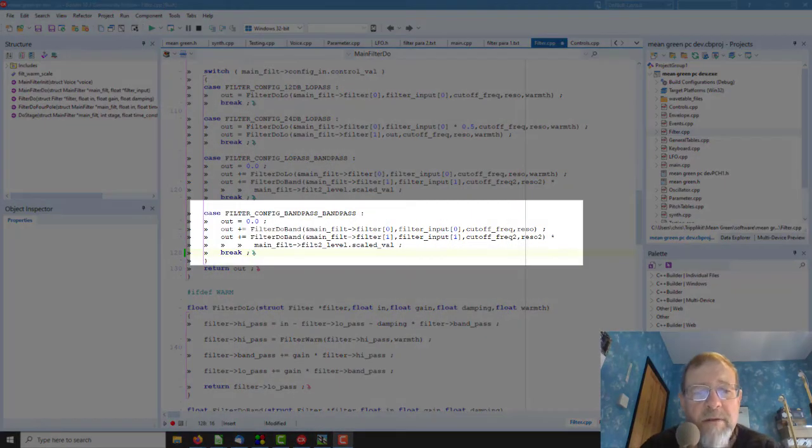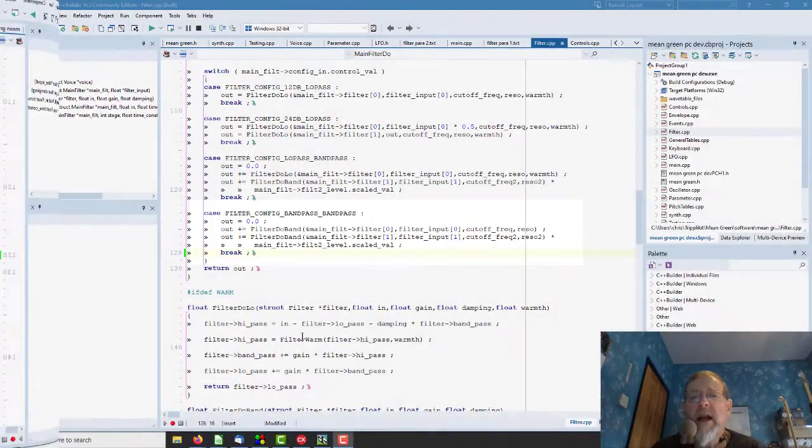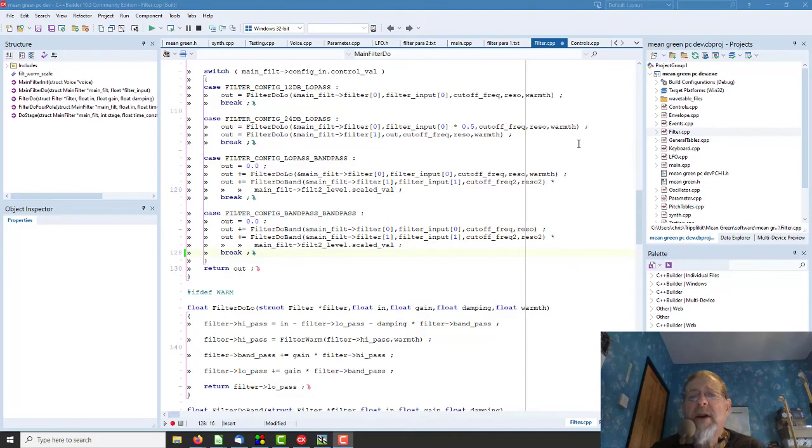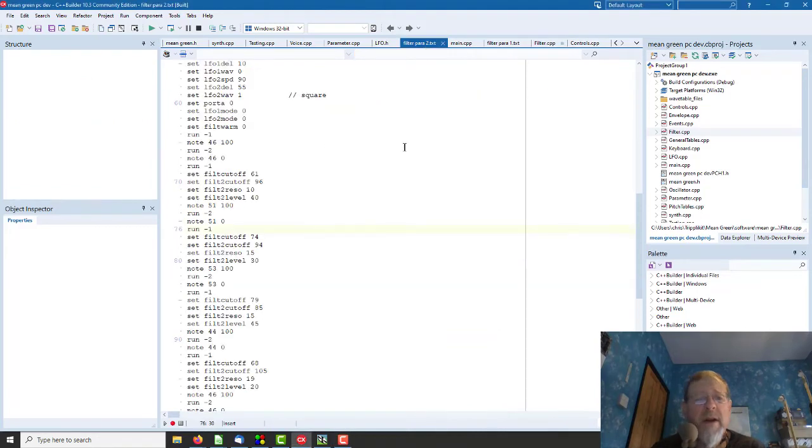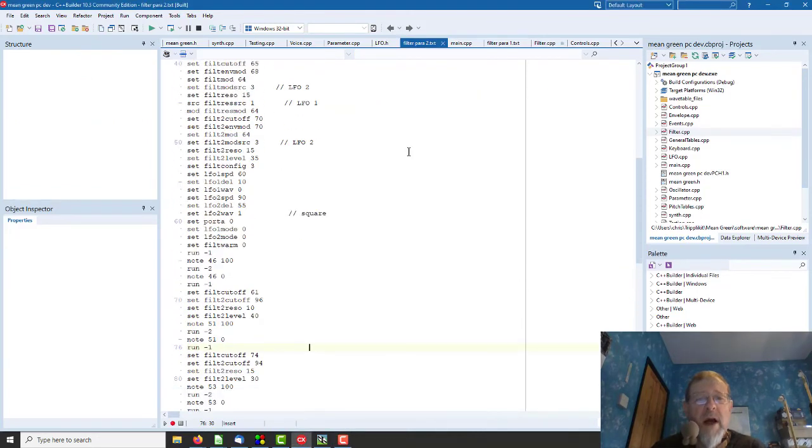Okay, so here we have our filter configured as two parallel bandpasses, and it does precisely that. It calls two bandpass filters. And here is what I've done.